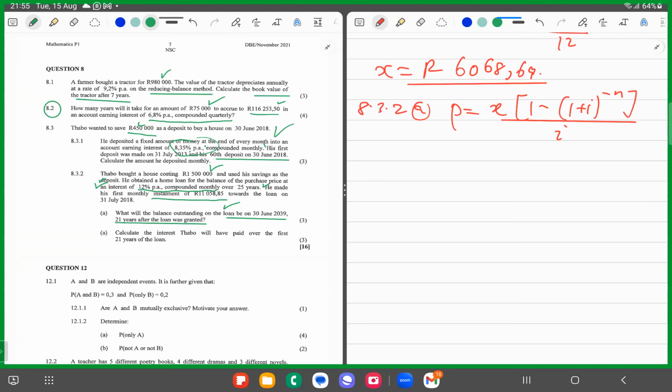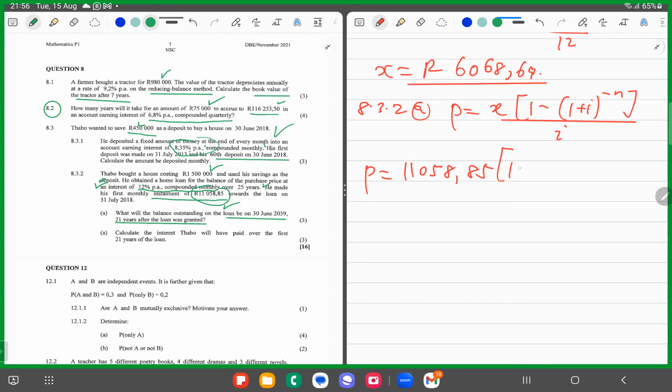What we're getting is x is 11,058. You'll have to look at the fact that this is his first monthly installment of 11,000, so you put it here as x.